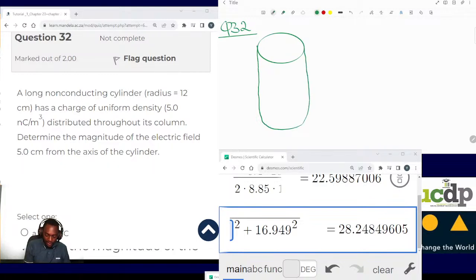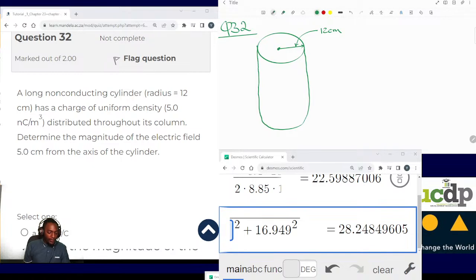Right, so this is our cylinder, and this is 12 centimeters.